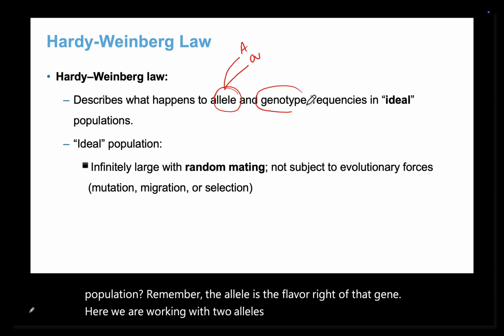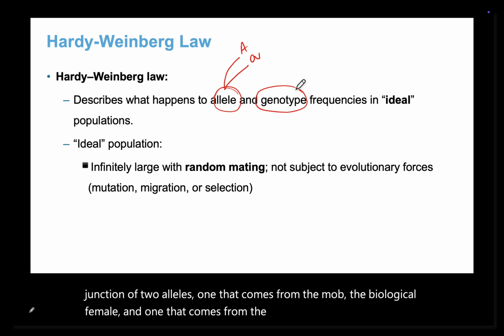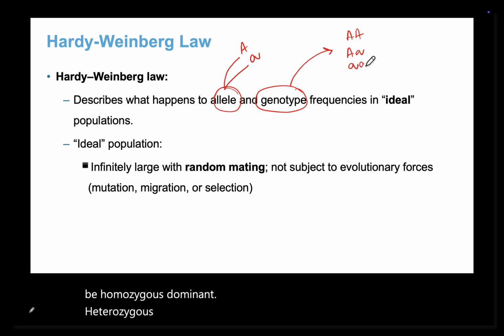The genotype will be the junction of two alleles, one that comes from the mom, the biological female, and one that comes from the biological male. So the genotype can be homozygous dominant, heterozygous, or homozygous recessive.